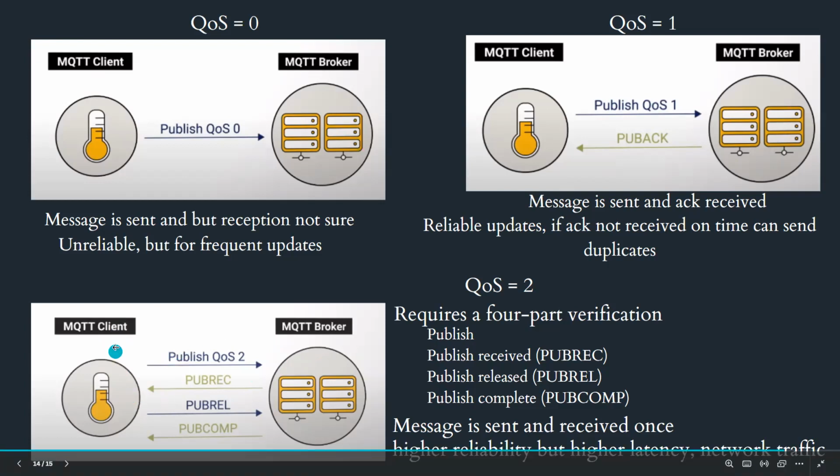So the client will send another type of data packet called pubrel to the broker, which is a data packet which does not contain the original message, but it gives the information to the broker that the client will now stop sending the message it has sent earlier, and it's going to release its stored information about the data it sent.